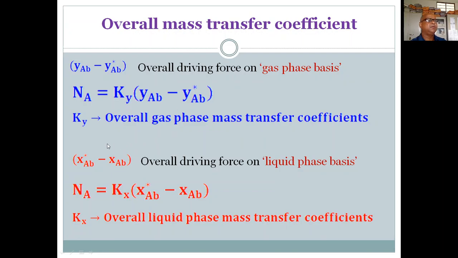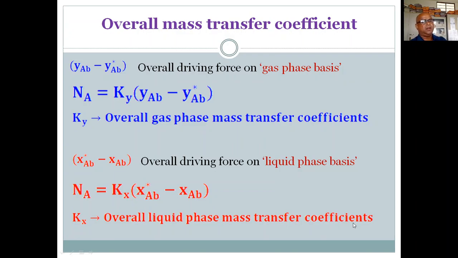Now similarly I can calculate the whole thing on a liquid phase basis. For the liquid phase, the overall driving force is X_AB star minus X_AB. Now the flux equals capital K_X into X_AB star minus X_AB, where capital K_X is the overall liquid phase mass transfer coefficient.